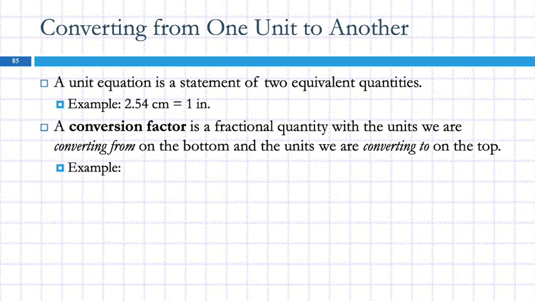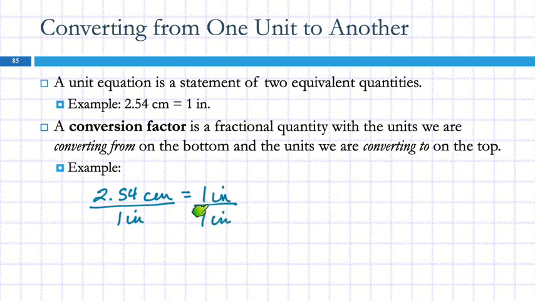From that unit equation, we can make a conversion factor, which is going to be a fraction. So we can do that like this. 2.54 centimeters is equal to 1 inch. If I divide both sides of that equation by the same thing, it's still equal. So I'm going to divide both sides by 1 inch.